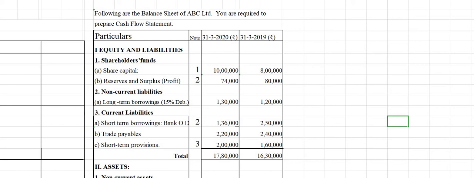Following is the balance sheet of ABC Limited. You are required to prepare cash flow statement. Share capital is given and their notes to account is there. So we will be seeing that, and reserves and surplus is there. Then non-current liabilities are there.